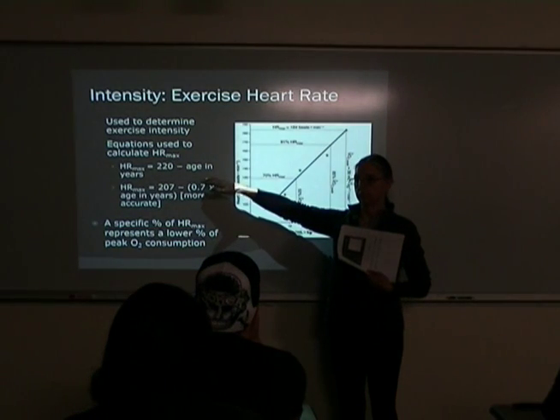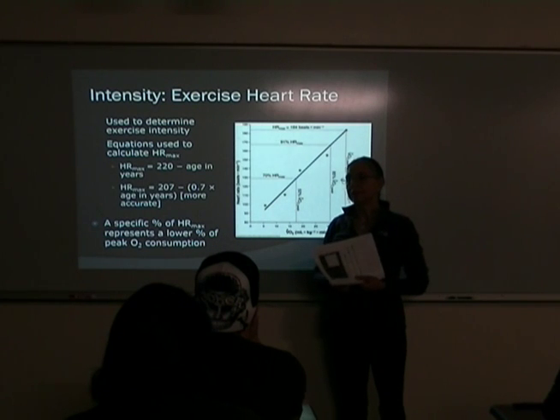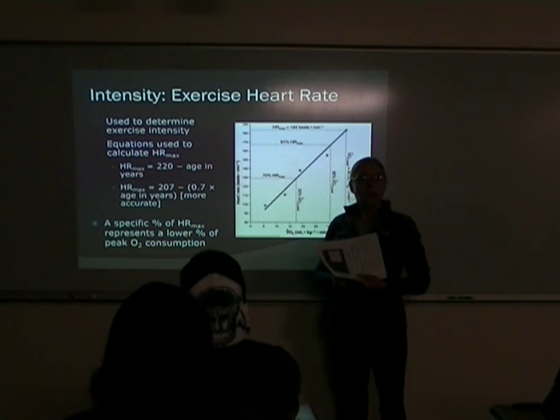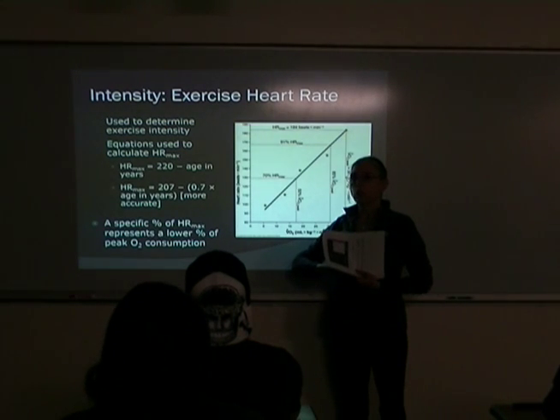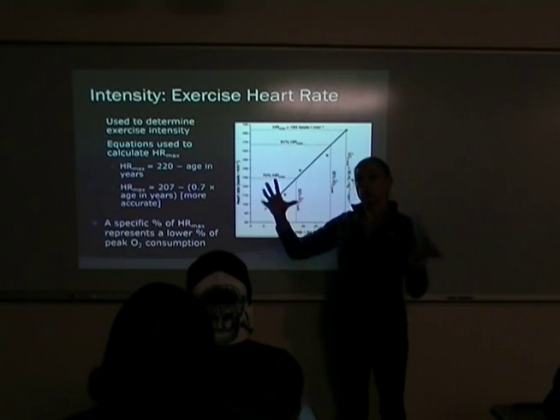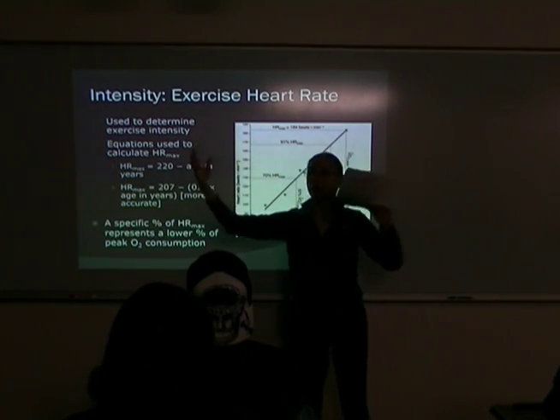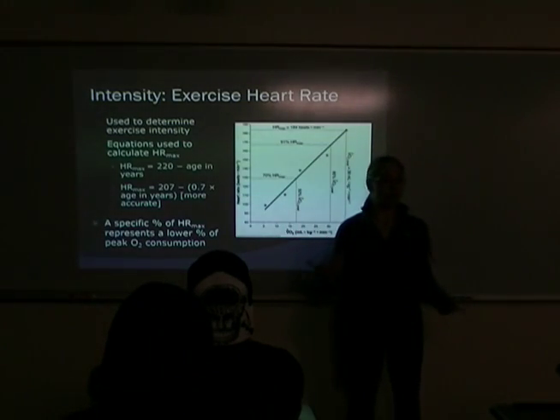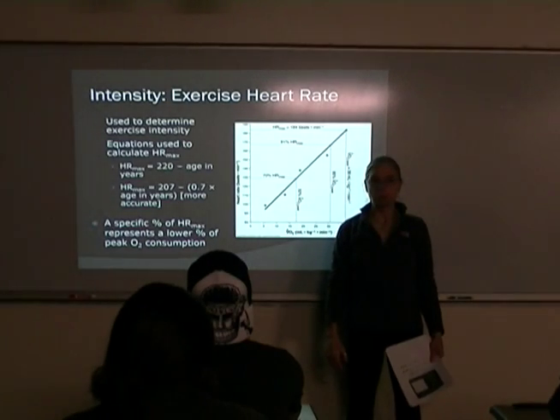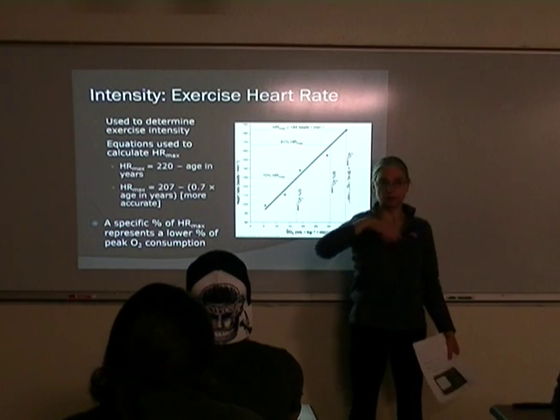Out of all the numbers, why 220? I don't know the answer to that. These are pretty accurate. At some point, there would have been a lot of work done on that number to work out what's the correct number to subtract your age from, but I honestly have no idea. It would be way, way back in the history.